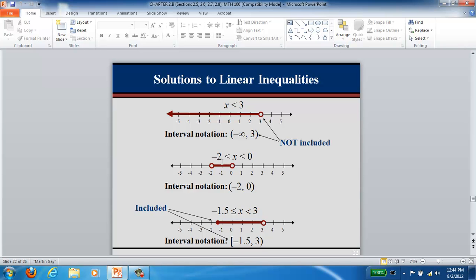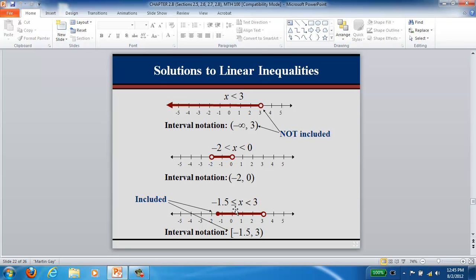Again, for this one, -2 is less than x, less than 0. Open circle on both. Interval notation: parenthesis, -2, comma, 0, and parenthesis. Both parentheses, because they both have open circles, which means there's no underscore under the signs.